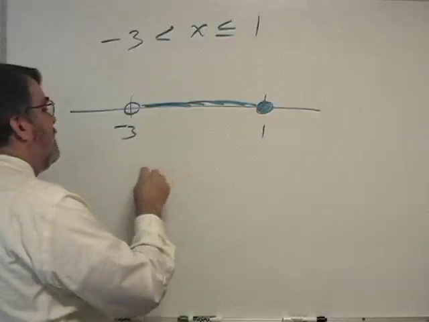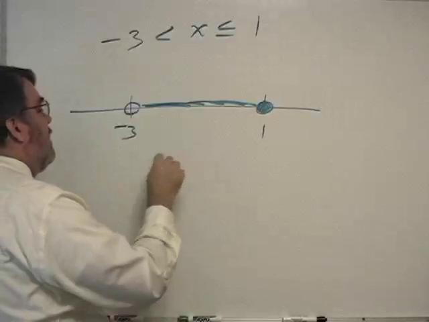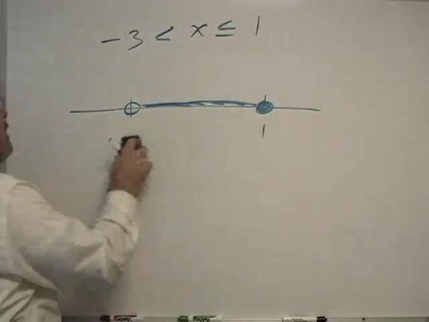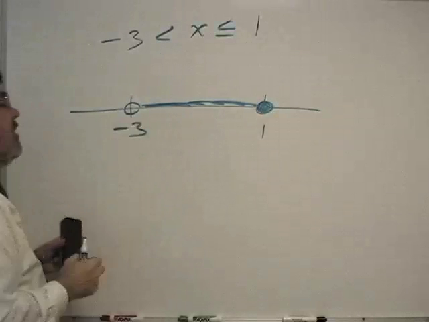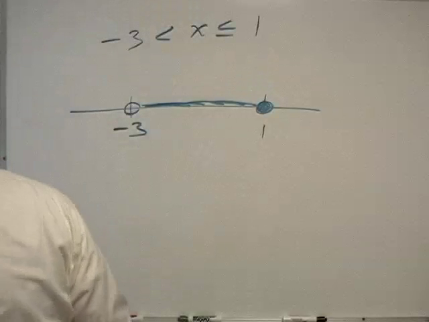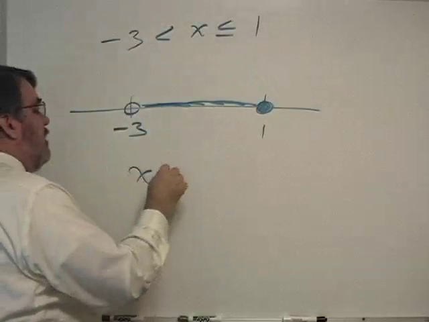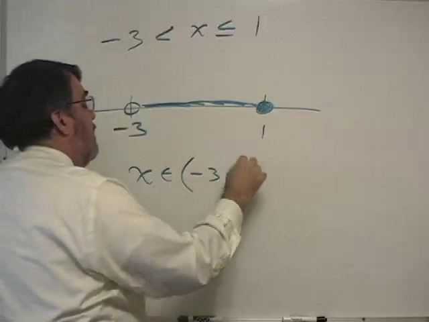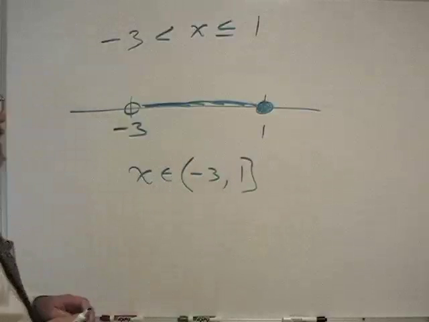In interval notation, x belongs to parenthesis -3, comma, 1, close bracket.